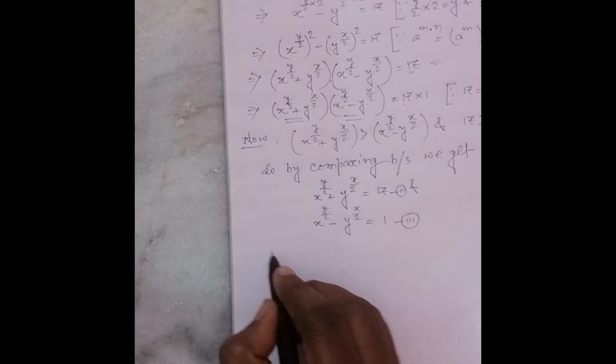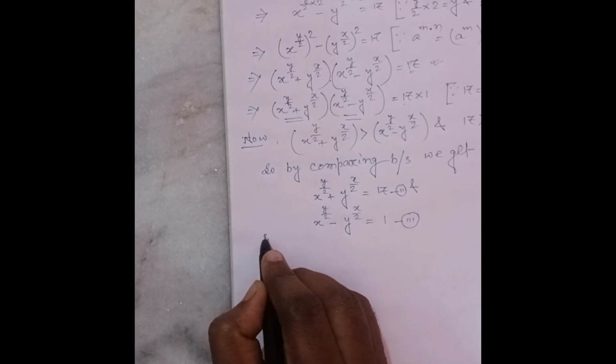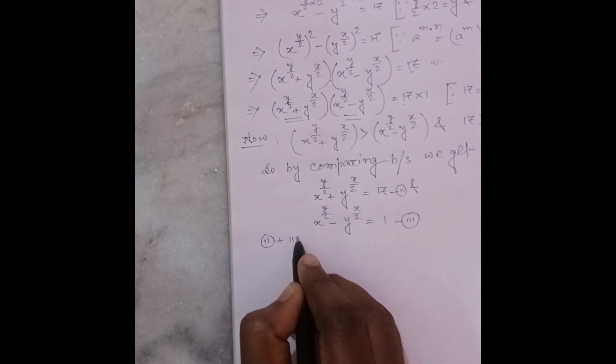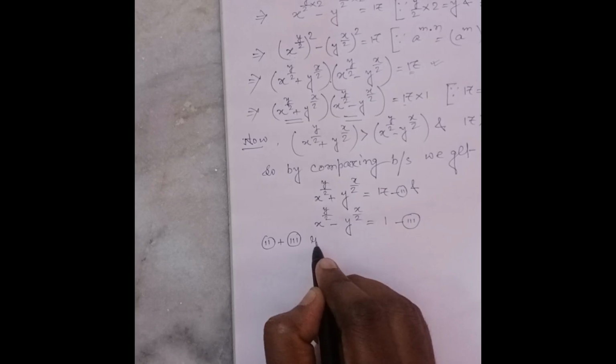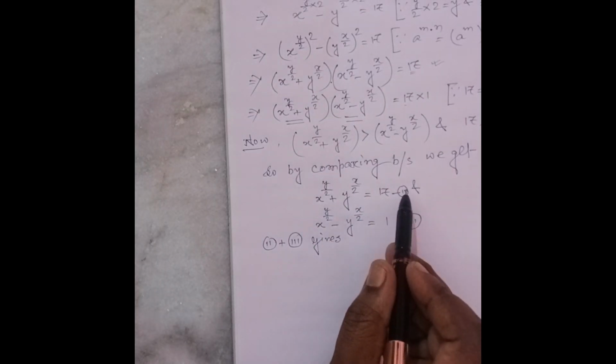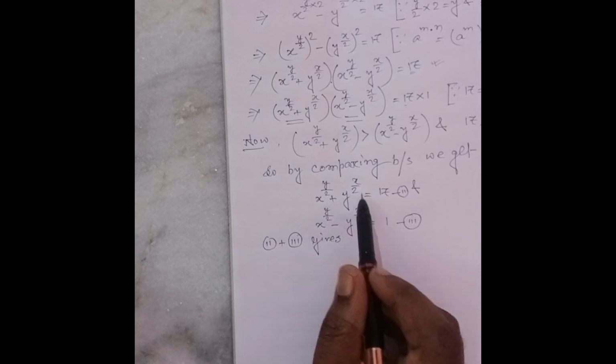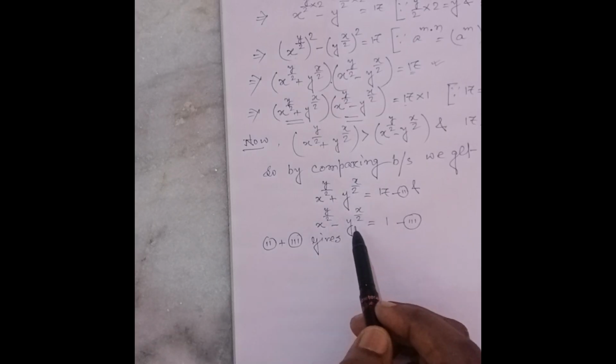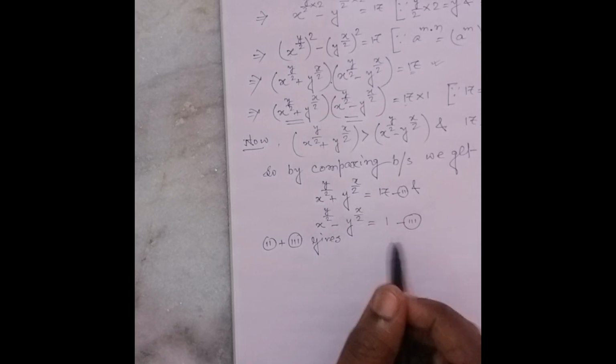So, if we simply add equation 2 and equation 3, y to the power x by 2 minus y to the power x by 2 simply cancel out.